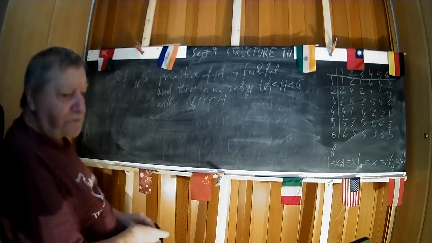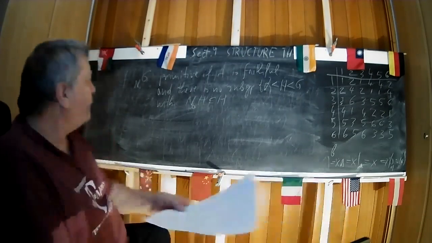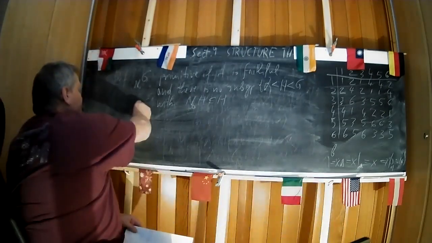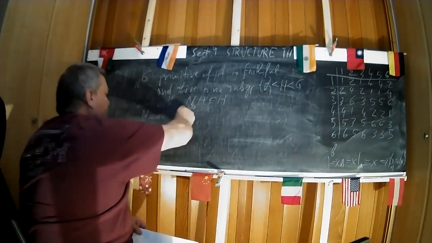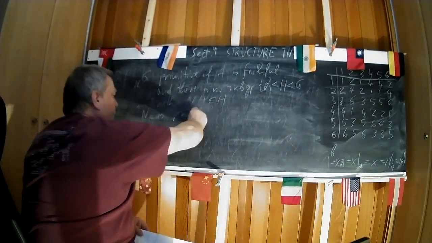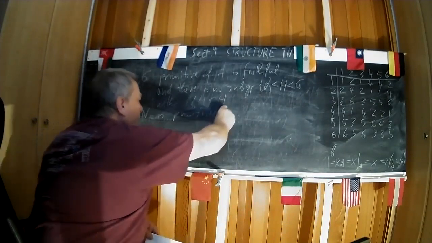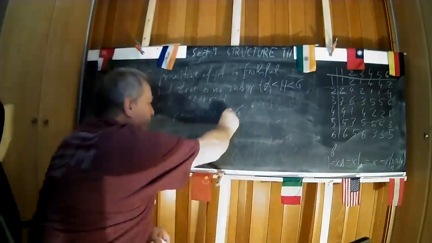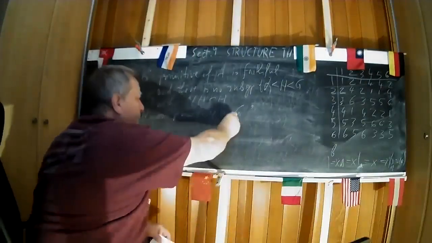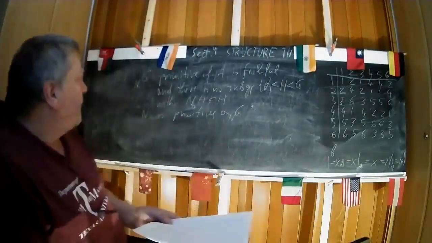We also say in this sense that N is primitive on G, or not precisely on the N-group.